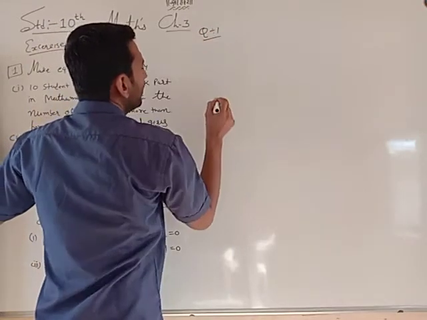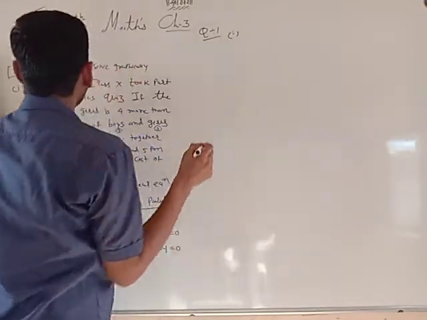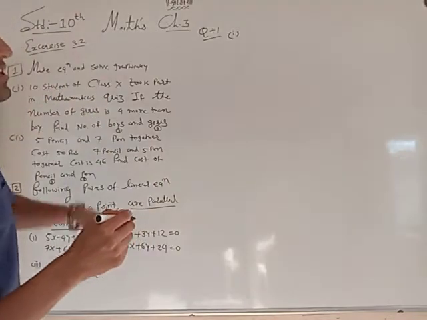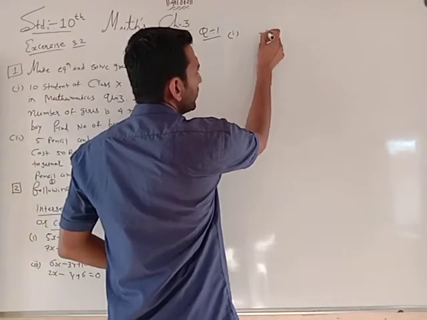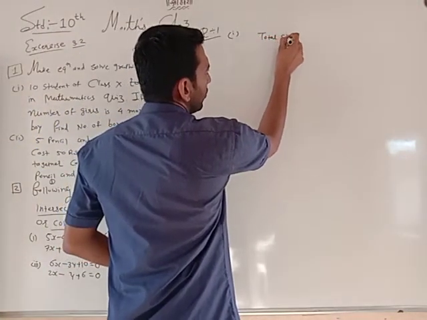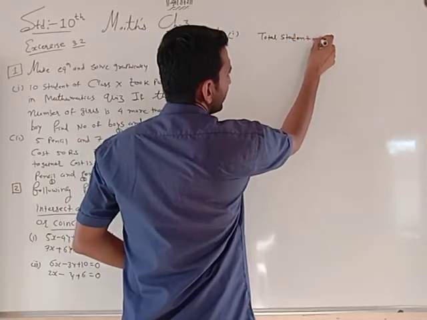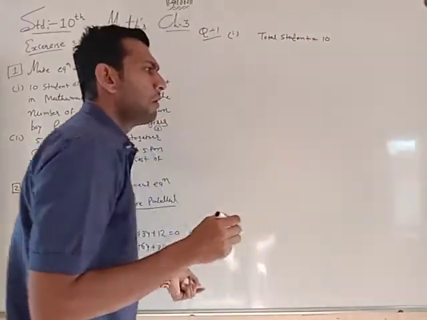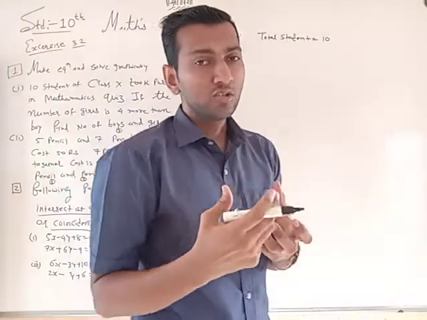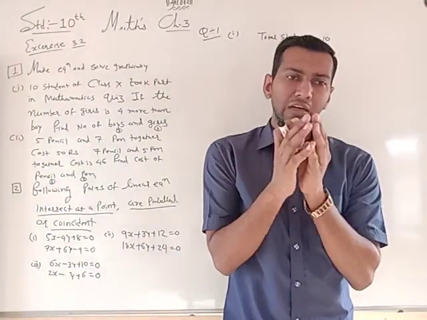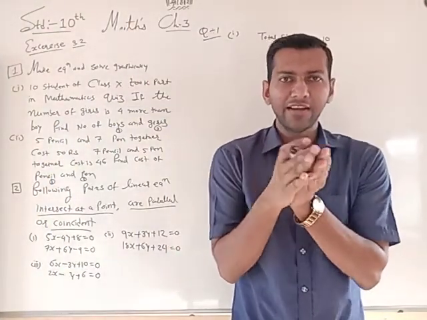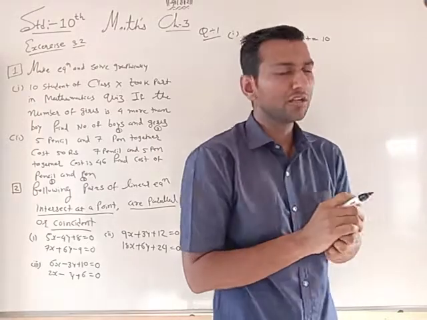So in question number 1, first term: 10 students of class 10. How many students? Total students is equal to 10, and total students is 10 means boys and girls are included in the students.